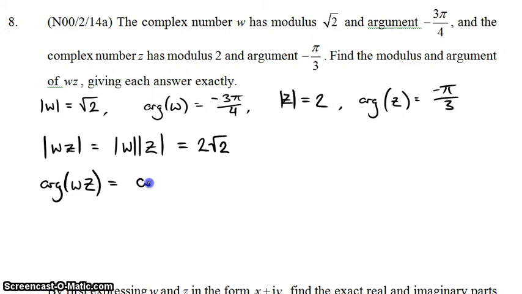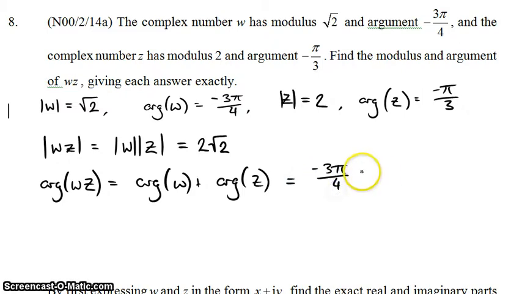Well, again, we know that this is going to be the argument of w plus the argument of z. So this is going to be minus 3 pi upon 4 plus minus pi upon 3. So what does that give us? Minus 3 pi over 4 is minus 9 pi over 12, plus minus 4 pi over 12.